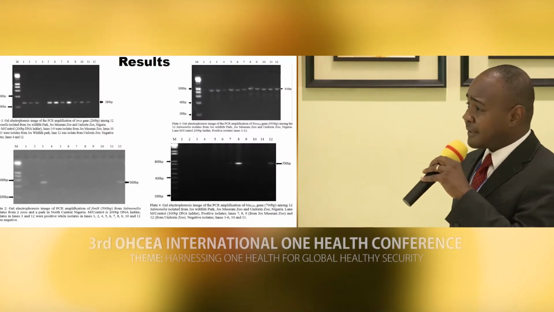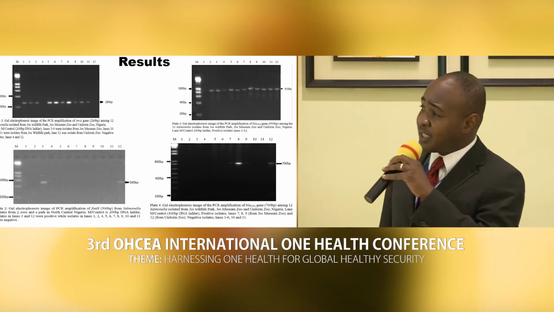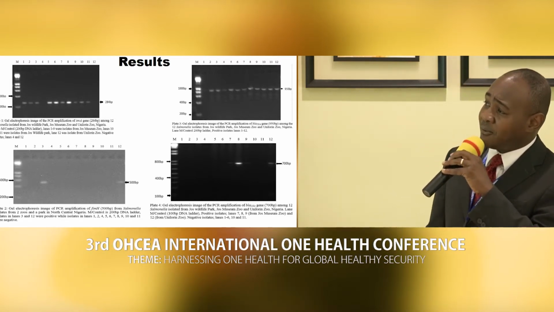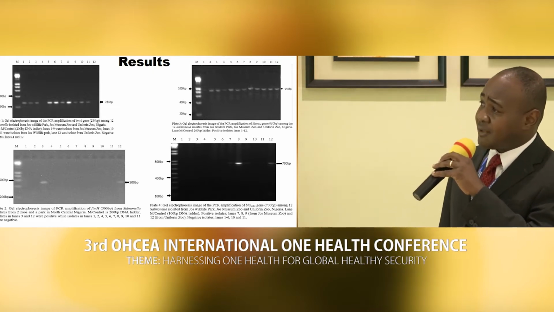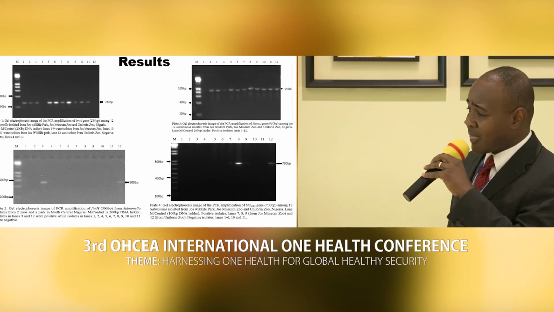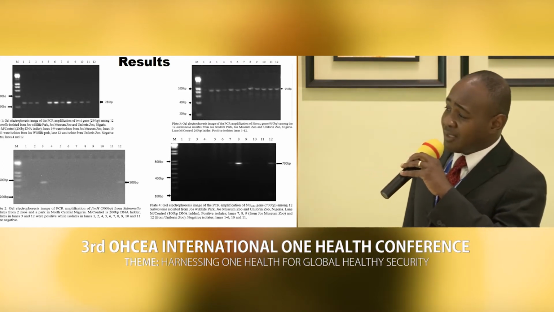For invA, which has an expected amplicon size of 284 base pairs, we have 10 out of the 12 isolates that showed the band and were positive. For fimH, we had 2 out of the 12 that showed the band, and the expected size is 500 BP.